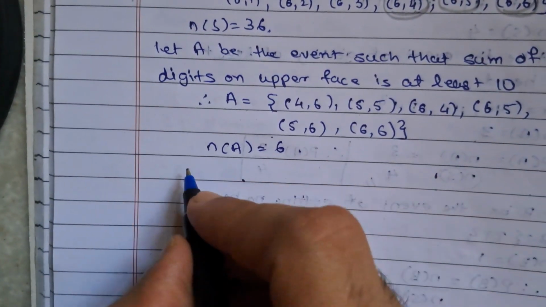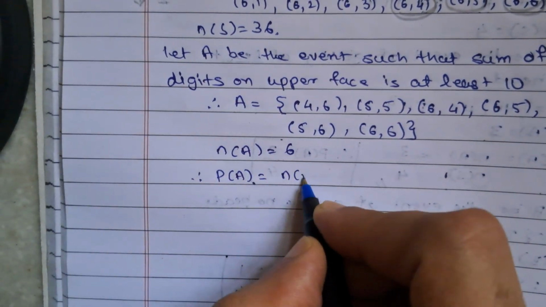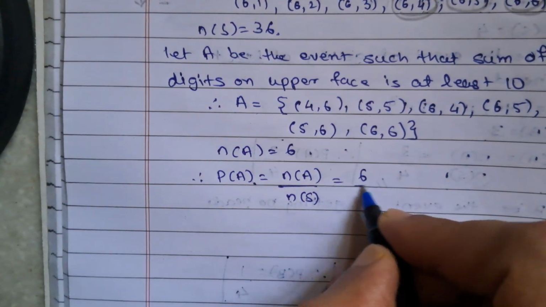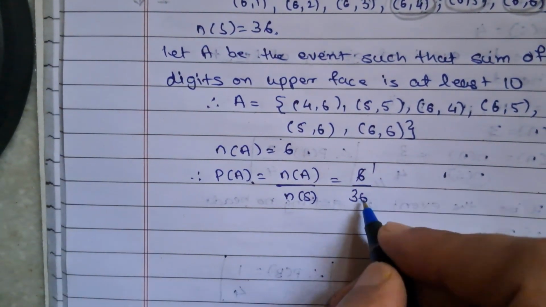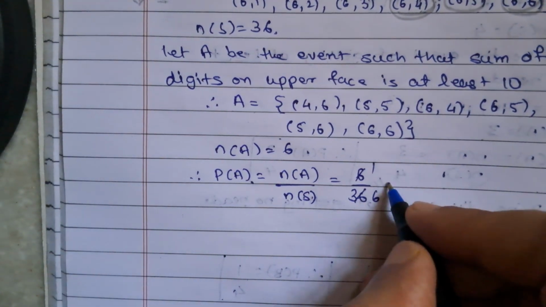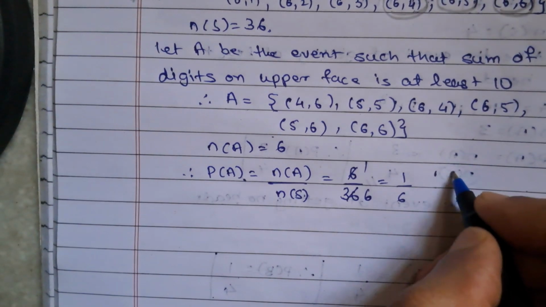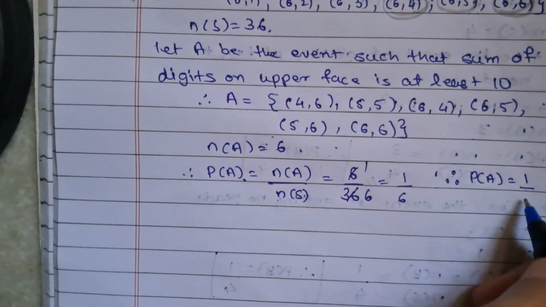So therefore probability of A is equal to n of A upon n of S. So in this case I will have 6 in the numerator and 36 in the denominator. 6 ones are 6, 6 sixes are 36, so you can do the cancellation. What I am left with is 1 upon 6. That means probability of A is nothing else but 1 upon 6.